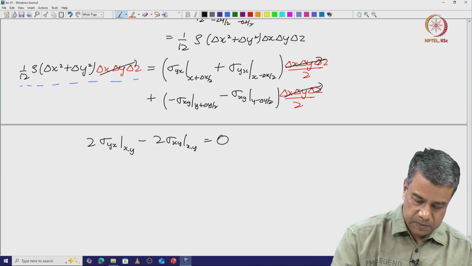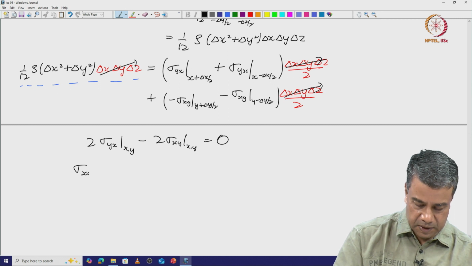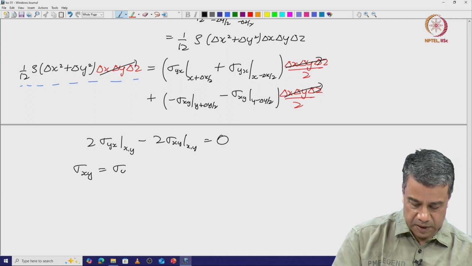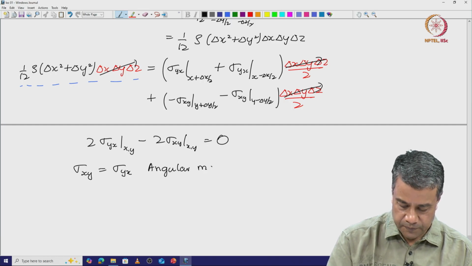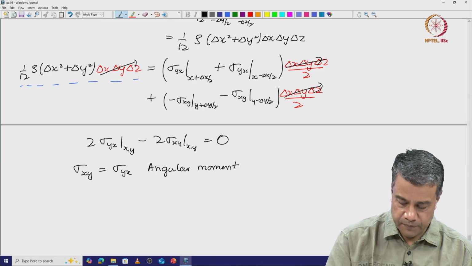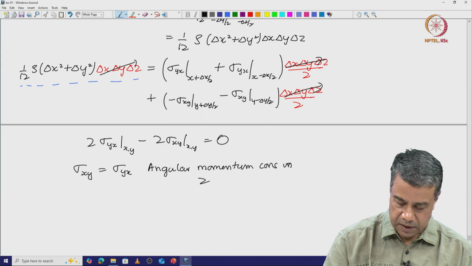So, based upon this momentum conservation equation, you can basically infer that sigma x y is equal to sigma y x. This is based upon angular momentum conservation in z direction.